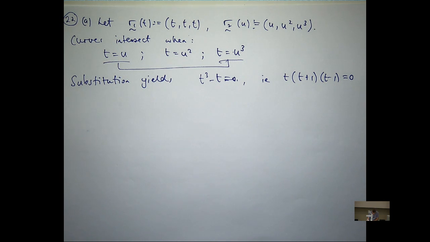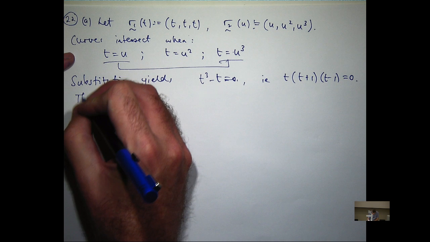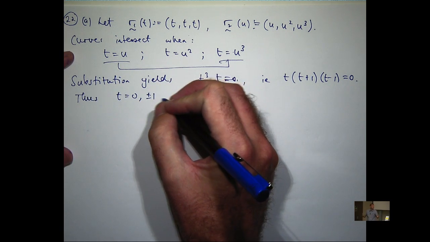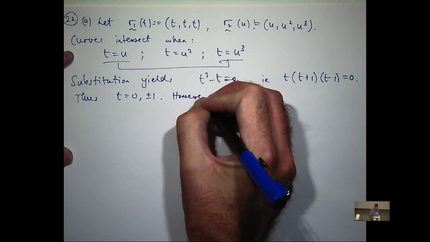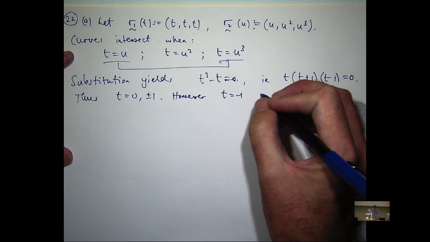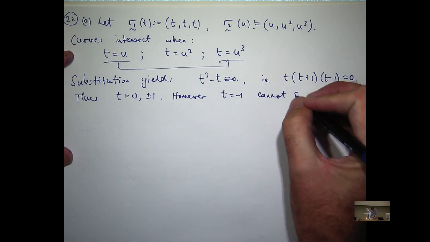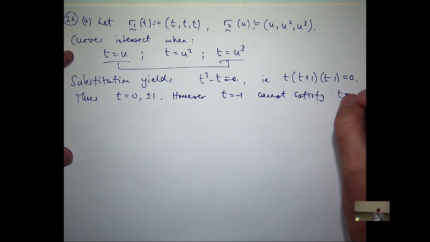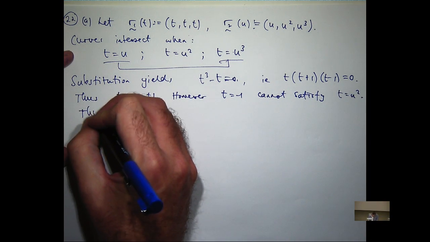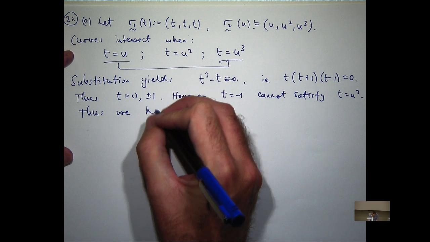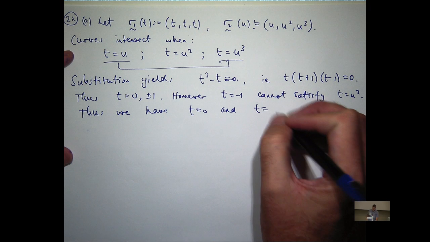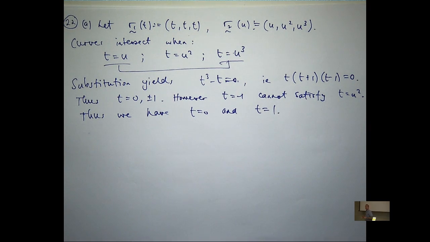It's something squared. So our t points of interest are t equals 0 and t equals 1.